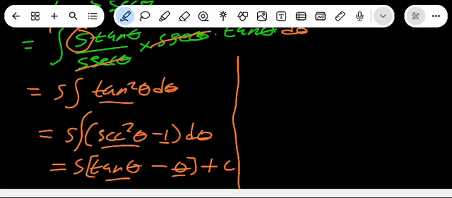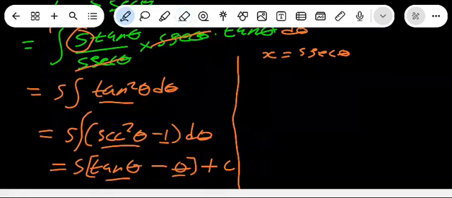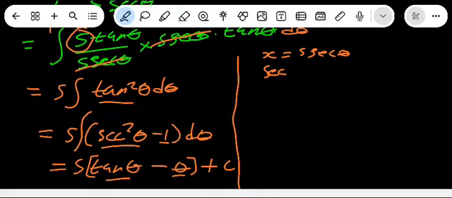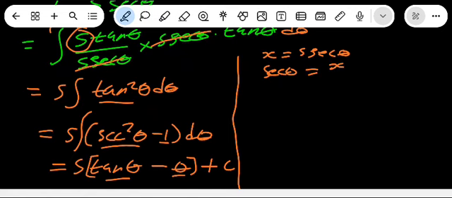Initially, we know that we have set x equal to 5 secant theta. Then sec theta will be x over 5.